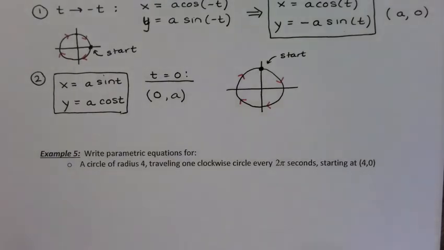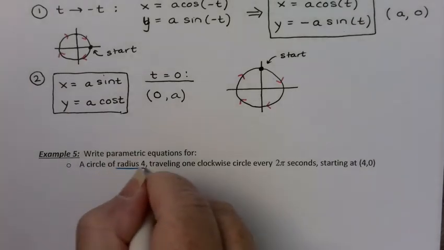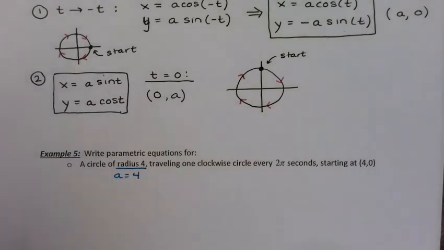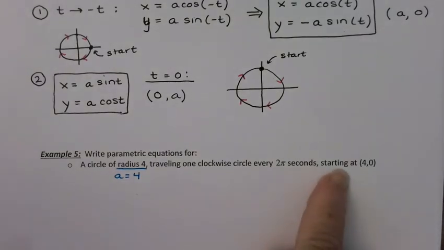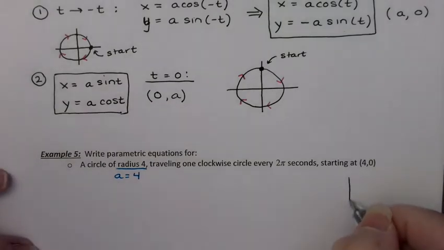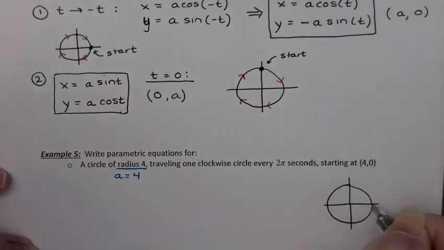All right, so keeping that in mind, we're going to write some parametric equations for circles where we're going around clockwise. First of all, we have a circle of radius 4, so right away we know a equals 4. We want to go one clockwise circle every 2 pi seconds, and we'd like to start at (4, 0). So there's where we want to start.